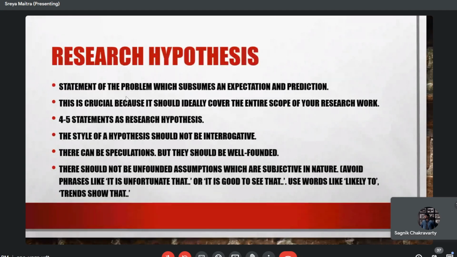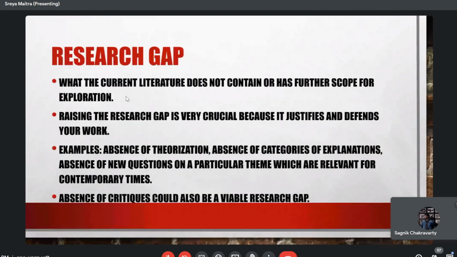Okay. So, absence of critiques could also be a very viable research gap. This is another thing which is very relevant for many kinds of work. That nowadays we find a lot of descriptions and narrations. Like I was telling you yesterday, there is exploratory research. There is even theoretical research, but we don't have critical theory that's coming in. We don't have critiques.